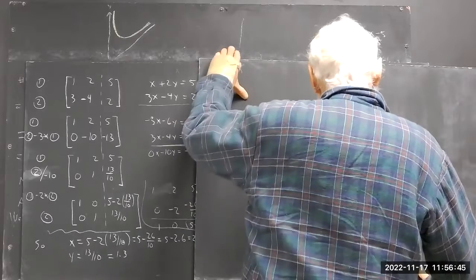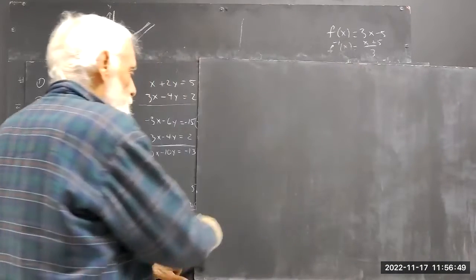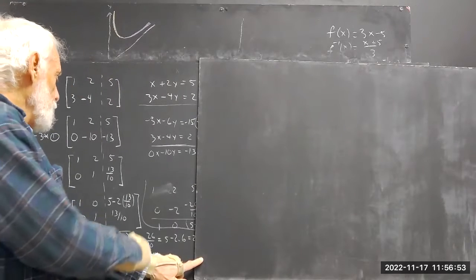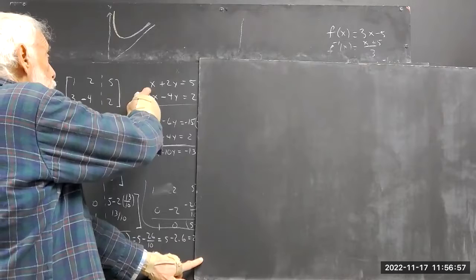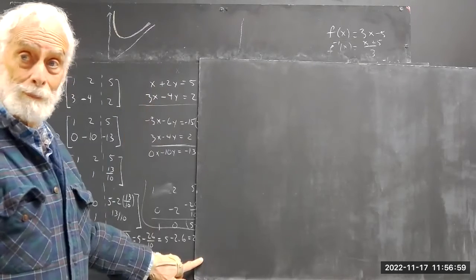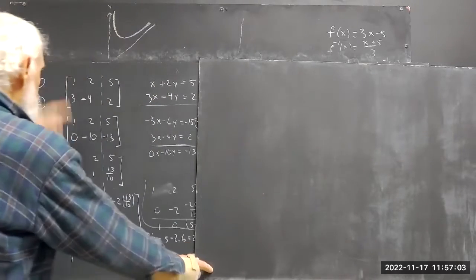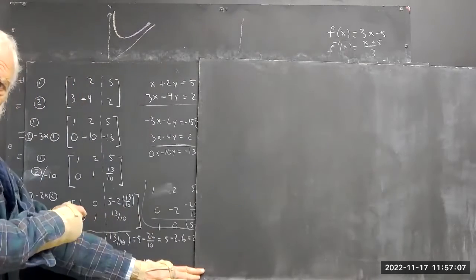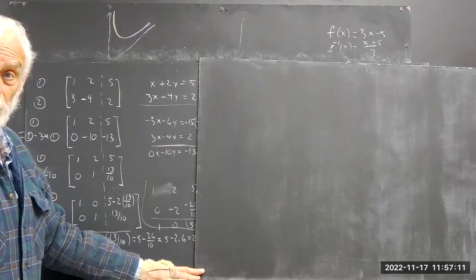Okay, the other thing also. Before we go on, again, if I plug 2.6 and 1.3 into these equations, it works. And it should work if I've done all this right. Everything I've written over here represents an equation that I could get from my original equations.